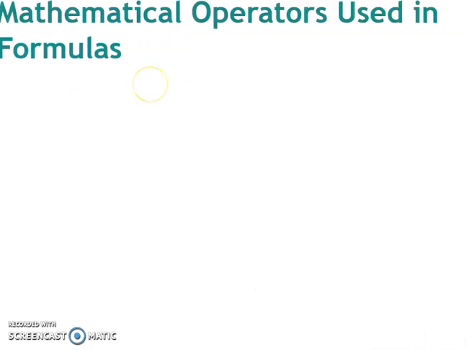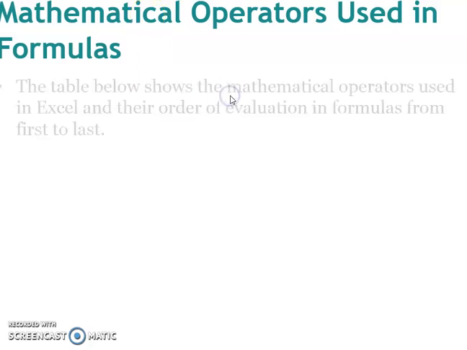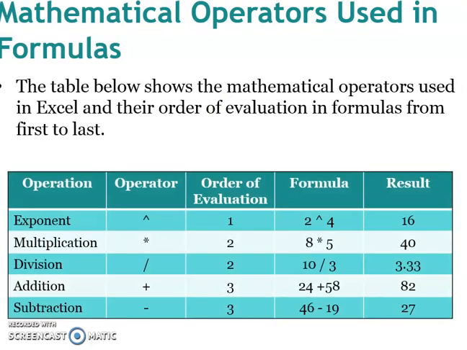Our next topic is mathematical operators used in formulas. In this table you can see some operations, operators, the order of evaluation, then some formulas and the results. This is the example. We have the operation exponent, and the operator for exponent is this, and its order of evaluation is number 1.